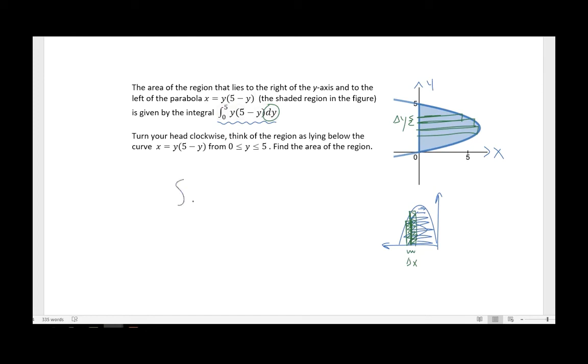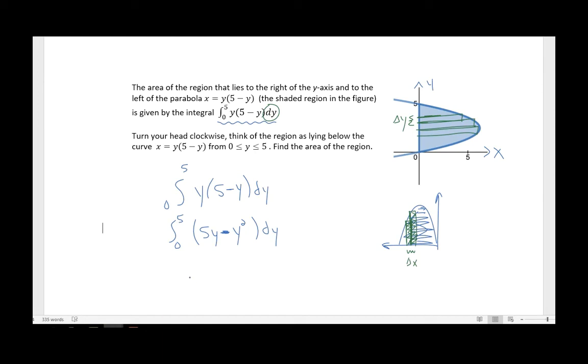So how would I evaluate this integral using the techniques of this section? Well, again, I have a product of things here. I can't integrate y on its own and 5 minus y on its own. I have to distribute, and that way I have this polynomial-esque expression. I have a difference of two terms, so I can take the difference of the individual integrals.